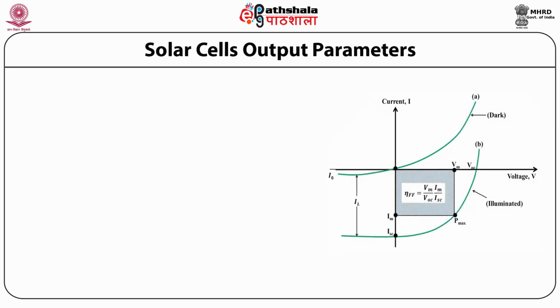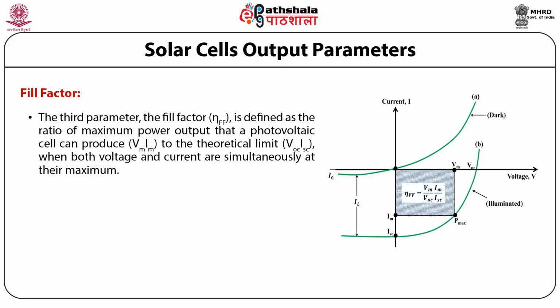The next parameter is the fill factor. The fill factor is defined as the ratio of the maximum output power that a photovoltaic cell can produce, VM IM, to the theoretical limit VOC ISC, when both the voltage and the current are simultaneously at their maximum.